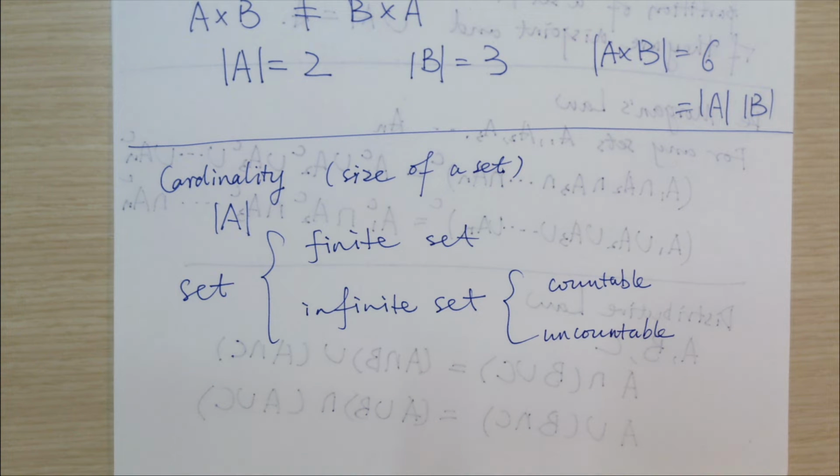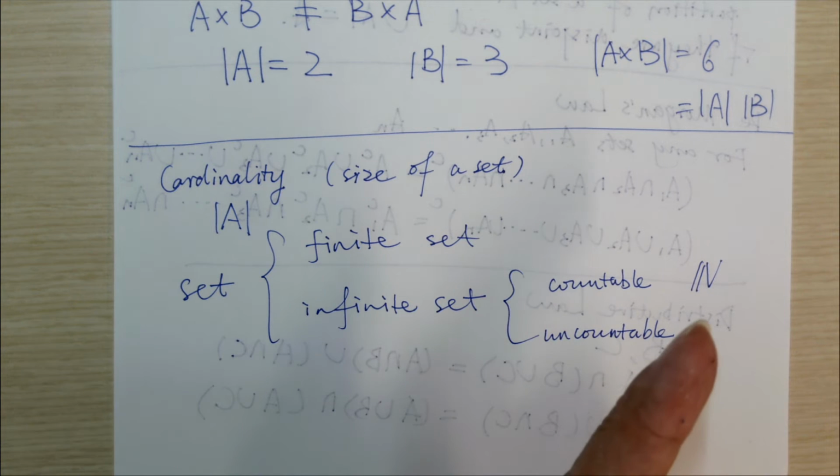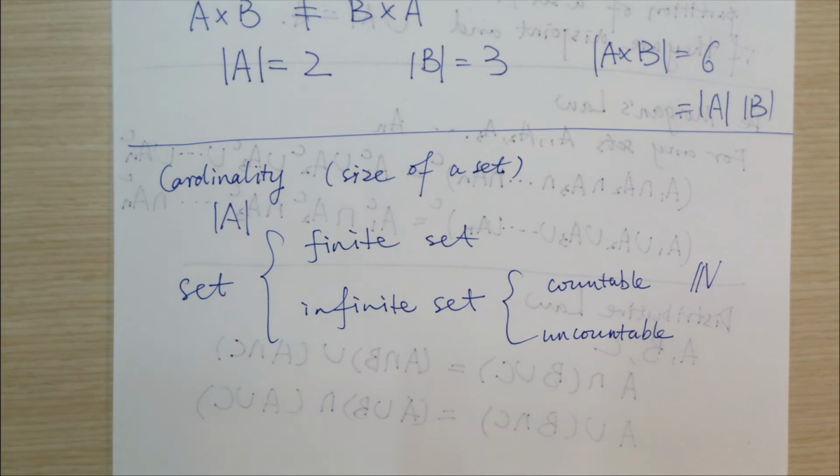So what's the meaning of being a countable infinite set? For example, you have the natural number set here. You can start to count the number of elements, 1, 2, 3, 4, 5, etc. The definition of a countable infinite set is, if you can construct a one-to-one correspondence with the natural numbers, then that set is called a countable set.